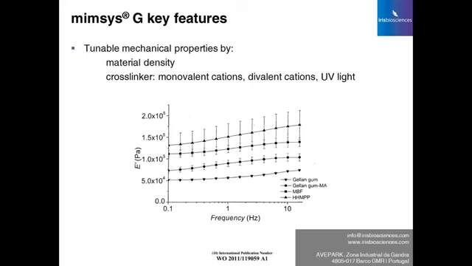You can use divalent cations to increase the cross-linking, or you can even add photoinitiators to the solution and cross-link it by exposure to UV light. And here is a plot just to show some examples of differences of mechanical properties with different cross-linkers.